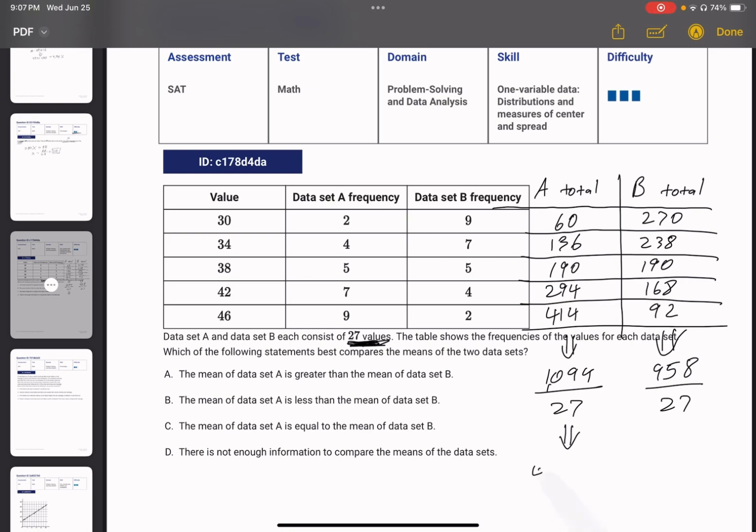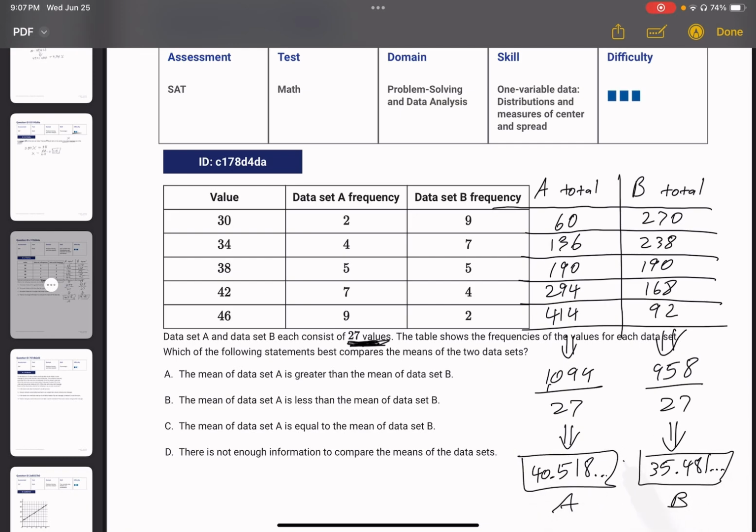It's going to be 40.518, and it keeps going on. And then this one down here is going to be 958 divided by 27. It's going to be 35.481, it continues.